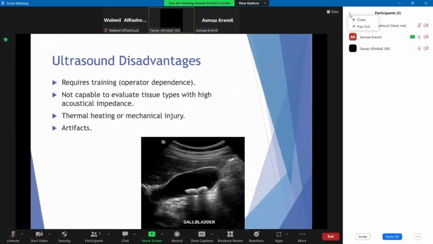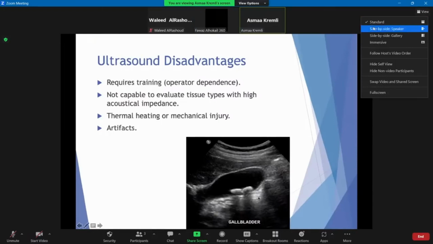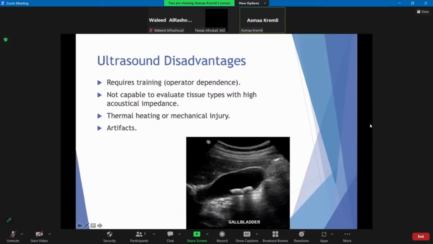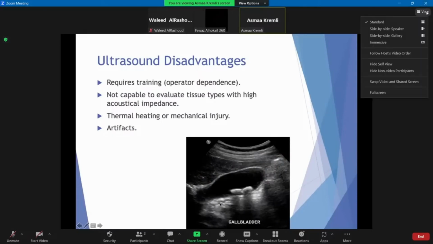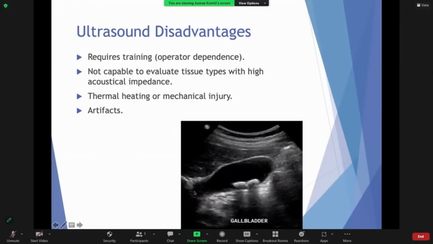For example, in this image shown here, the posterior side of the gallbladder should all be enhanced like this. I don't know if the mouse or the cursor is clear. The gallbladder is filled with bile, which is fluid, so posteriorly, it will show enhancement.